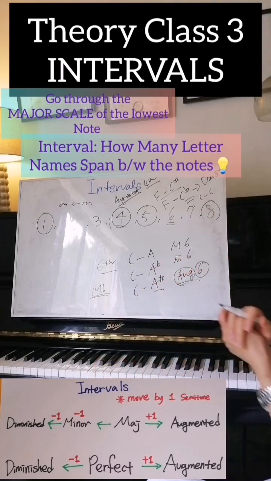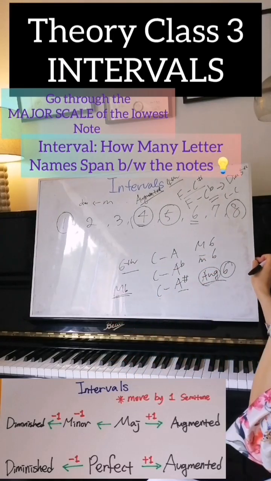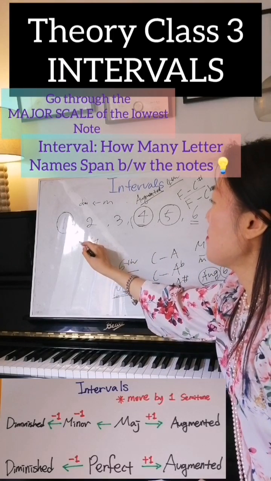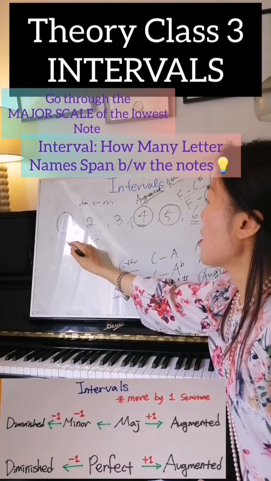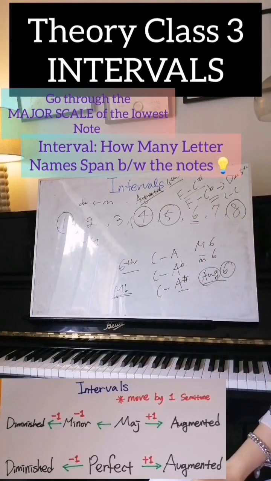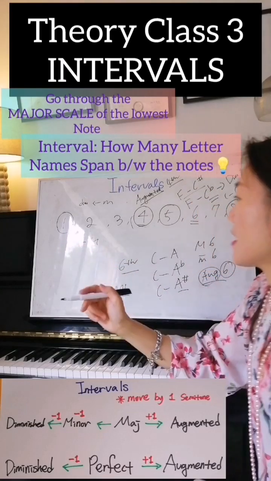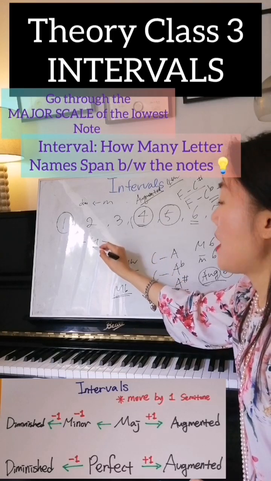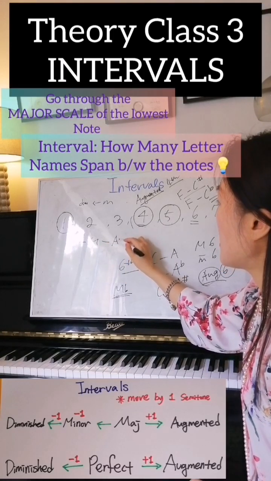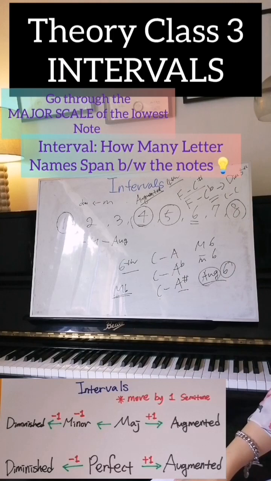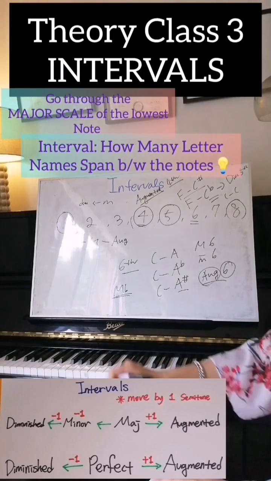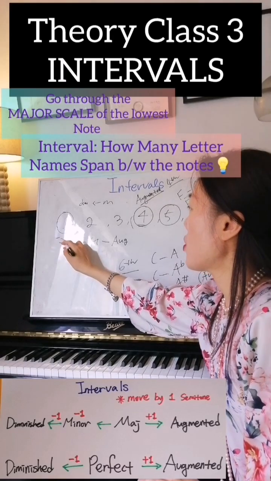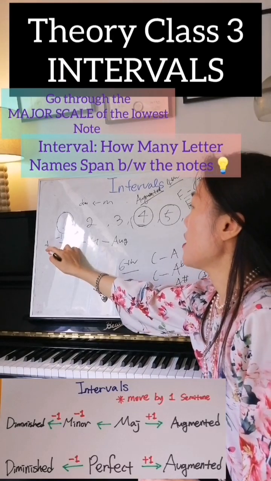Alright, so let's summarize it. When you're trying to turn major into minor, you simply need to lower the note by one semitone. Now, if you raise one semitone from a major interval, that becomes augmented. From minor, if you lower the note by one semitone, that becomes diminished.